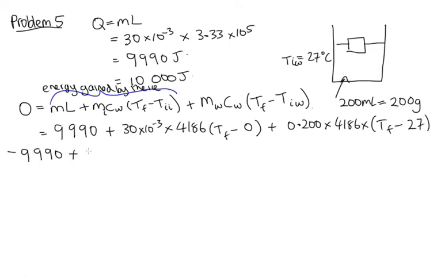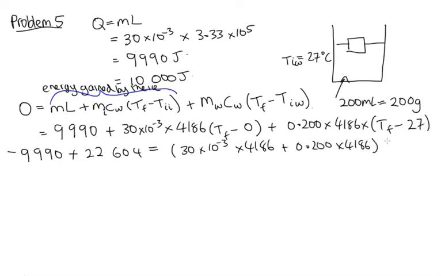So we move it over to the other side, it becomes a plus. 22,604 is equal to, and then we've got our terms with a TF in them. So 30 times 10 to the minus 3 times 4,186 plus 0.200 times 4,186, times TF.